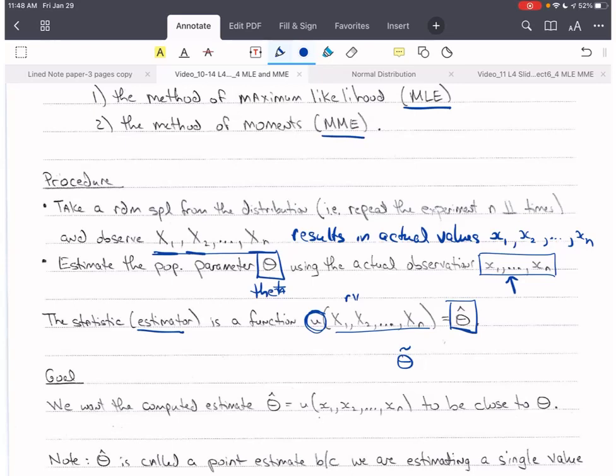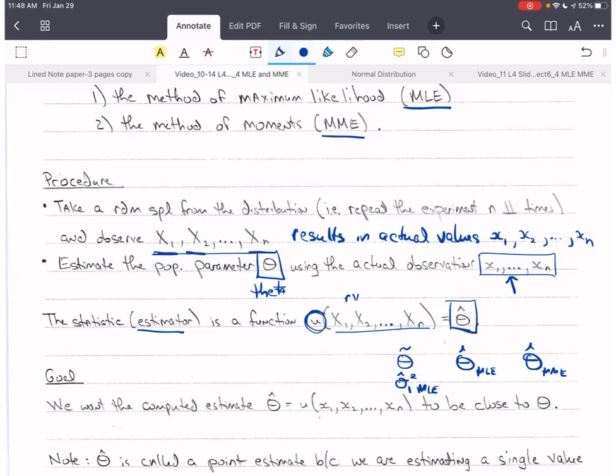Some books just use theta hat and you'll see me go theta hat MLE, and sometimes you might see me go theta hat MME. But sometimes this notation is not very easy to work with. Let's say we're using sigma squared, and so we say sigma hat squared 1, and then I'm supposed to put MLE down here. That doesn't work too well.